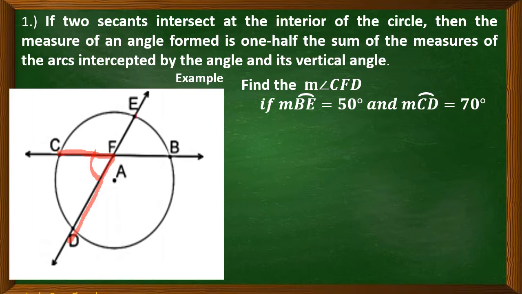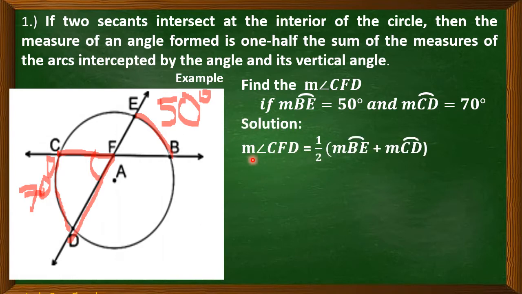This one, arc BE or EB, is 50 degrees, and arc CD is equal to 70 degrees. So we can solve right away the measure of angle CFD using theorem number 1.